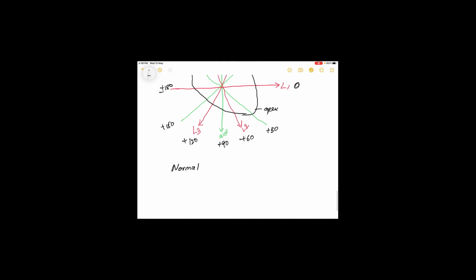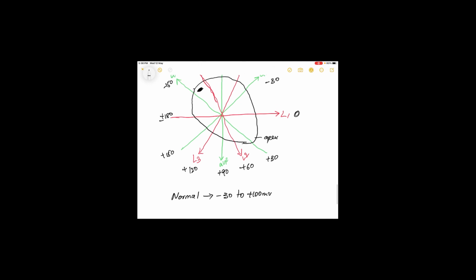Normal axis is between minus 30 to plus 100. That is, minus 30 is here, and from here to 100 here, this is the normal axis. For all practical purposes, like for solving MCQs, we consider plus 90 as the upper limit.